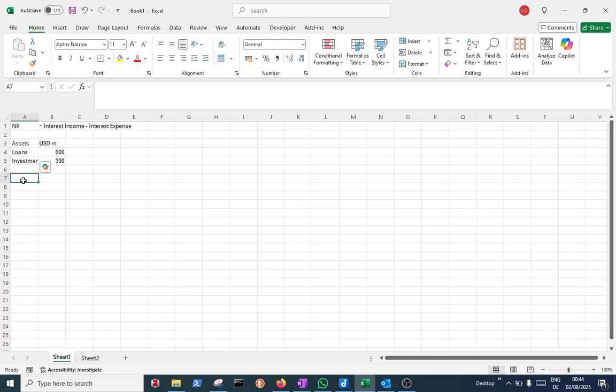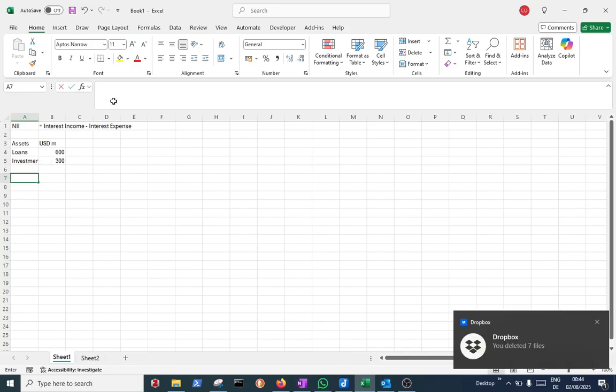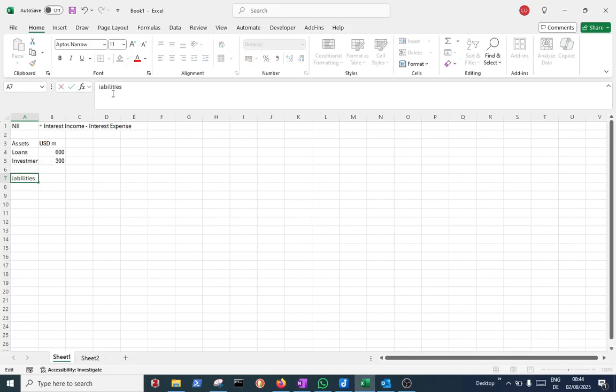And let's now have a look at liabilities. We have already mentioned that the banking business model is creating loans and getting interest, and taking money from customers by issuing deposits.